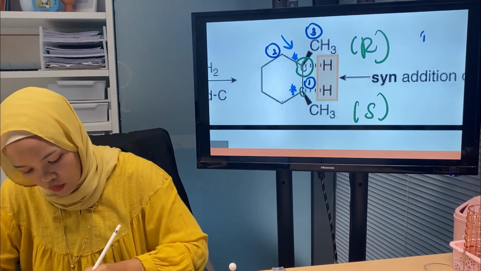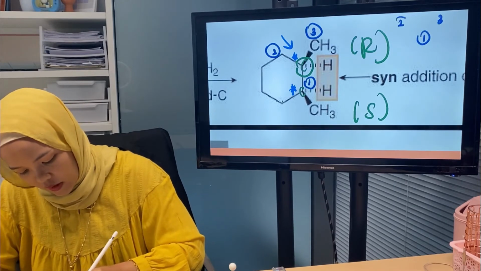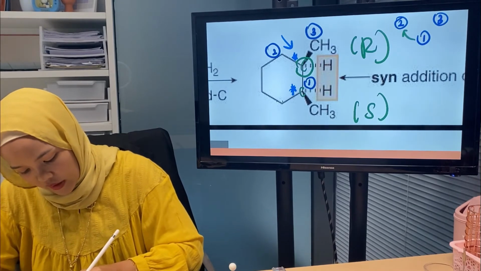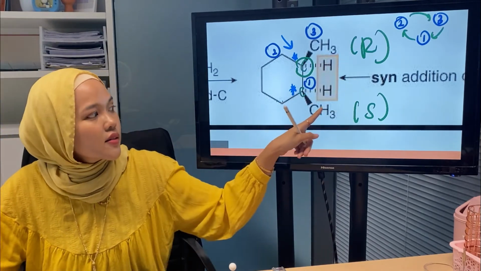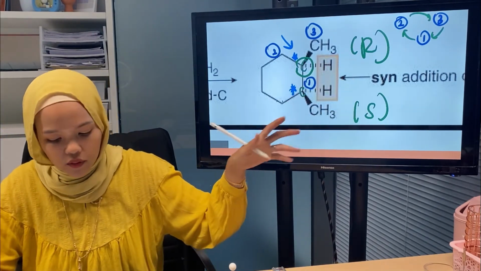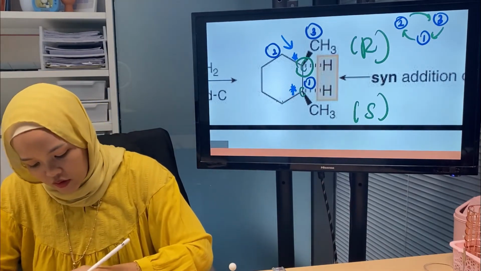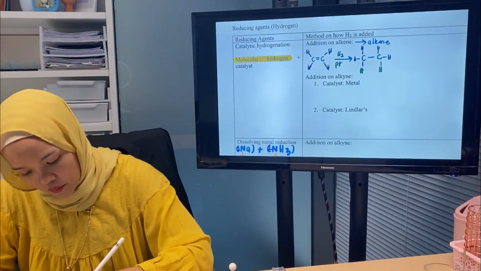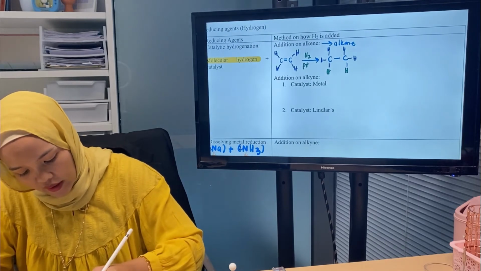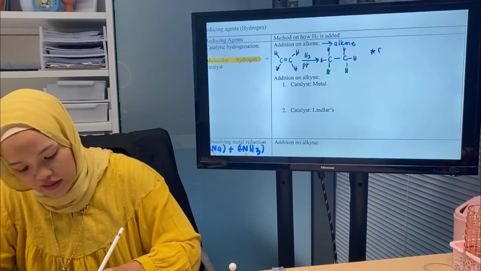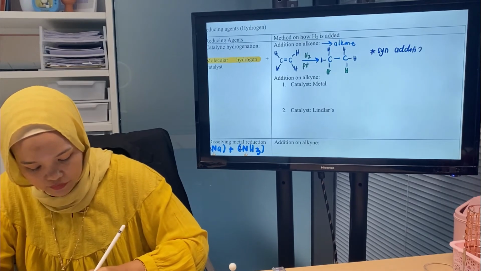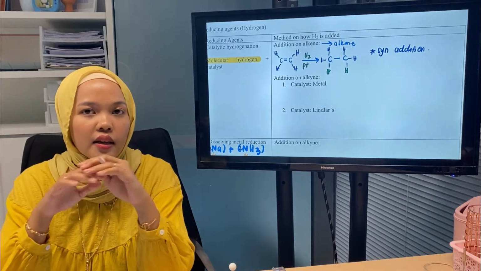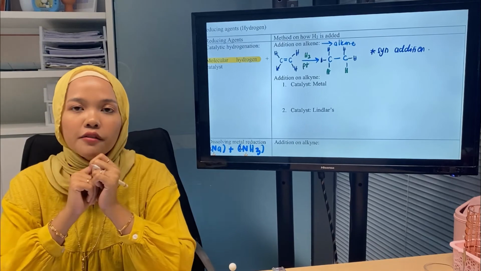If you rotate, it will become R, and this one will become S. You can try it on your own. You can put notes: it will add by syn addition, meaning it comes from the same face.